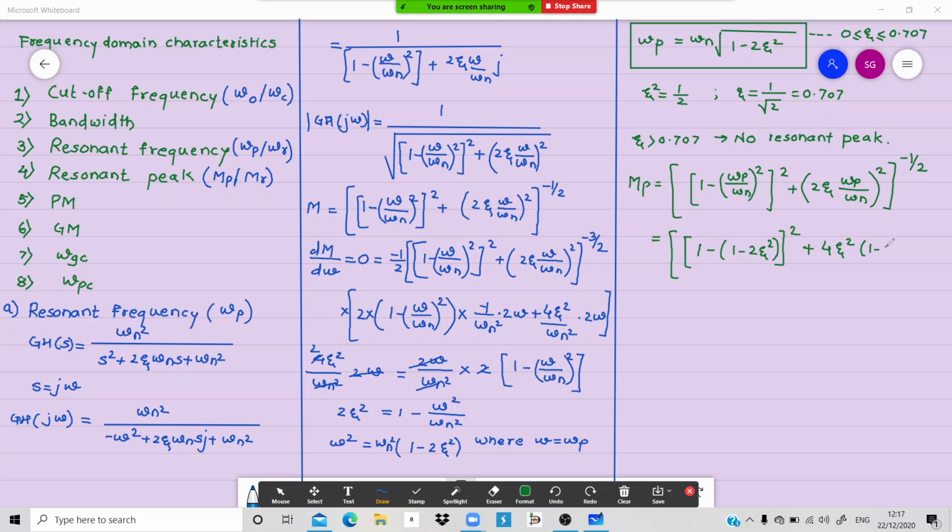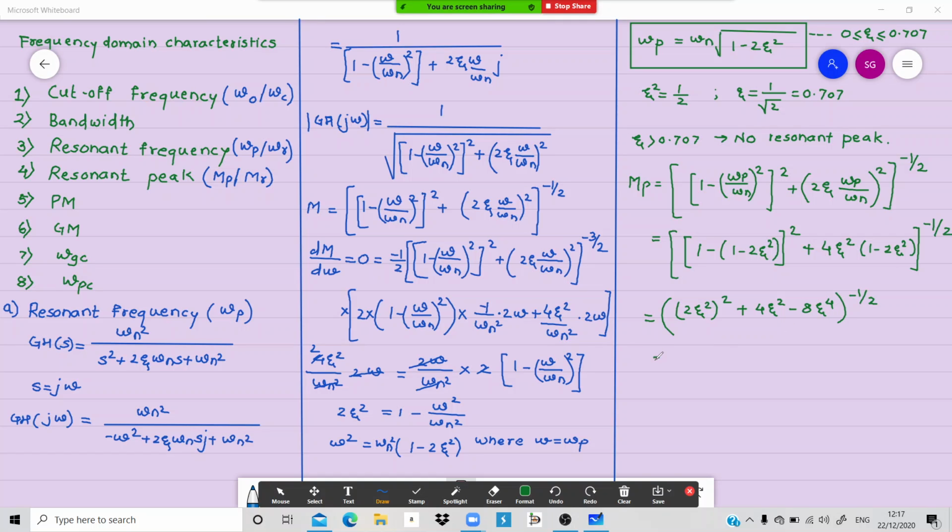So it is going to be 1 minus 2 zeta square, raised to minus half. Now square, so I'll remove it. 1 minus 1 is getting cancelled out, so it is going to be minus 2 zeta square, bracket square, plus 4 zeta square minus 8 zeta raised to 4, and raised to minus half.